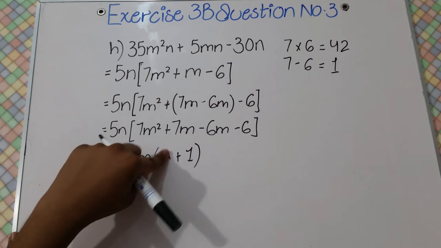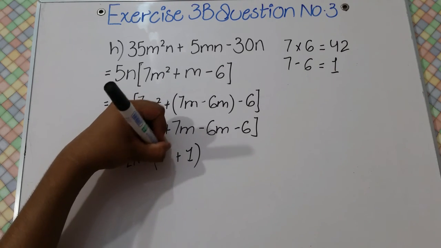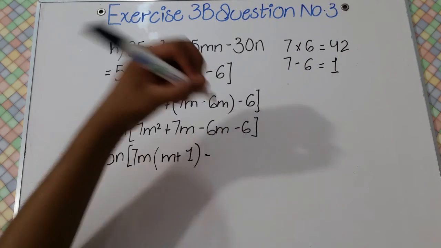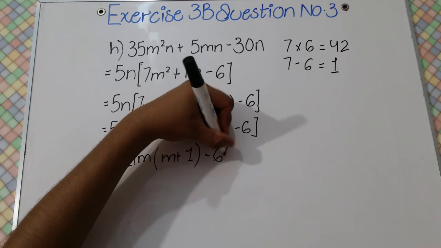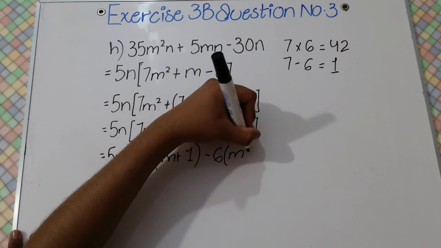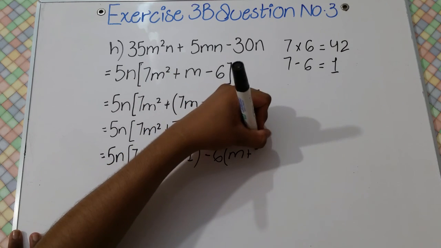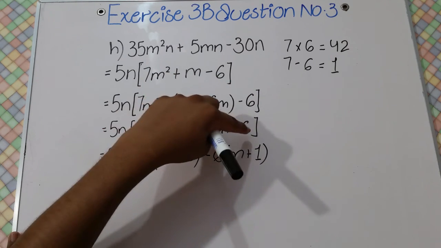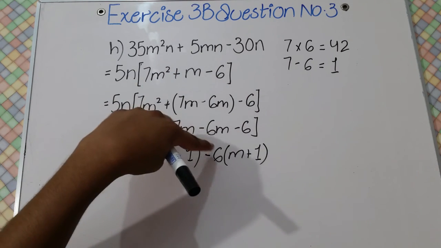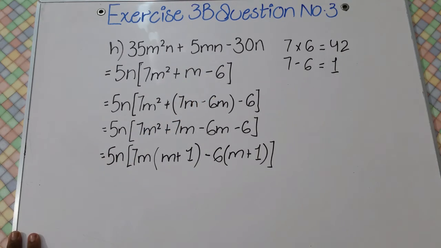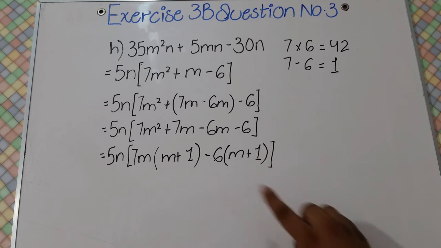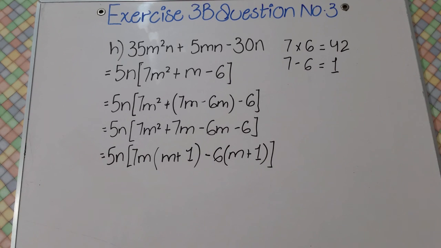I think we are doing it right. Then minus, over here the common would be 6, then m plus 1, because 6 ones are 6, and 6 multiplied by m is 6m. So both of these brackets are the same, meaning we are doing it correctly.